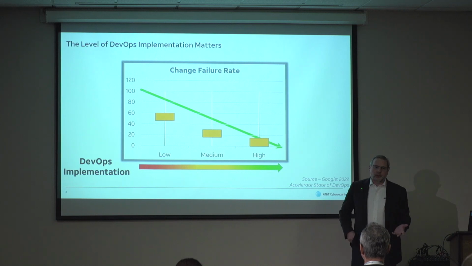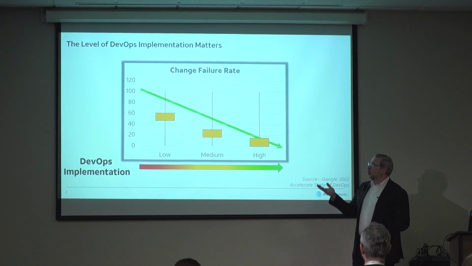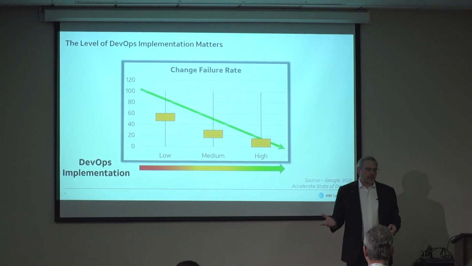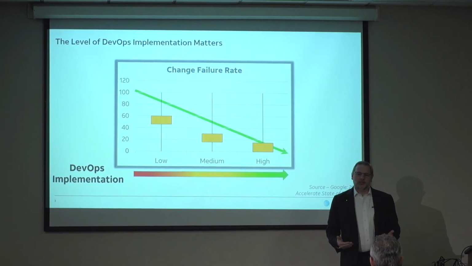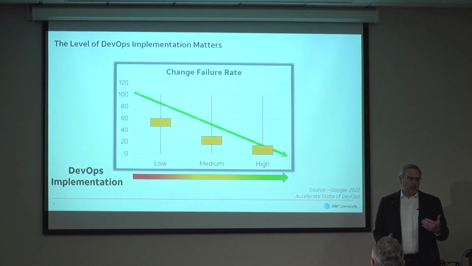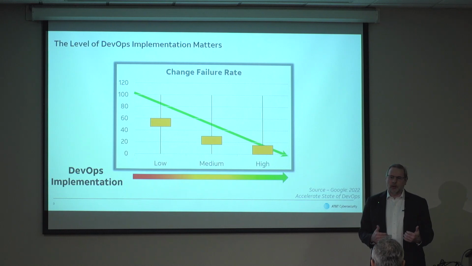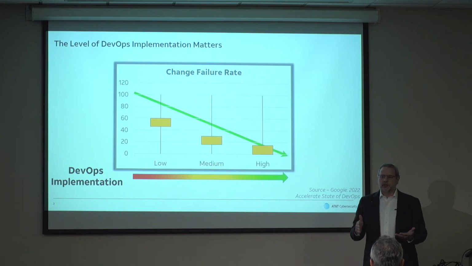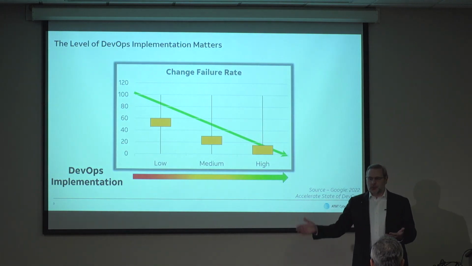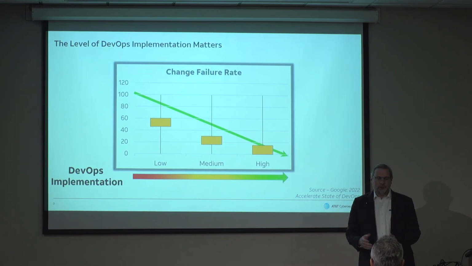Everyone in the room here is probably familiar with DevOps, and we all kind of understand the trend of this. The more of DevOps that you implement into your development program, the lower the failure rates that you have. Think about how software is developed. Our developers go through a process of building the software. Someone tests it. Someone does penetration testing to make sure that it doesn't have any vulnerabilities.